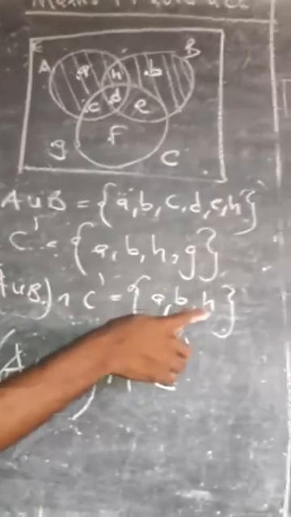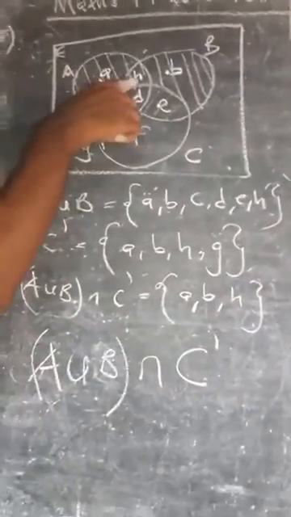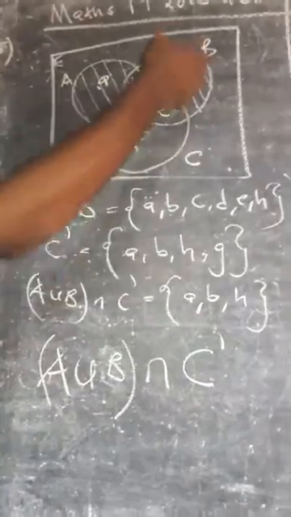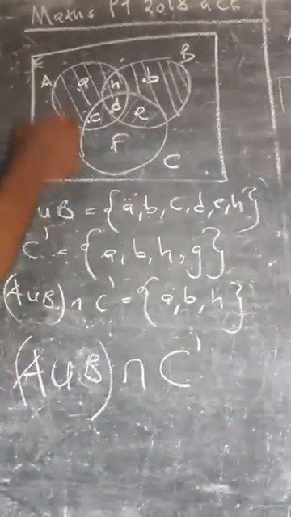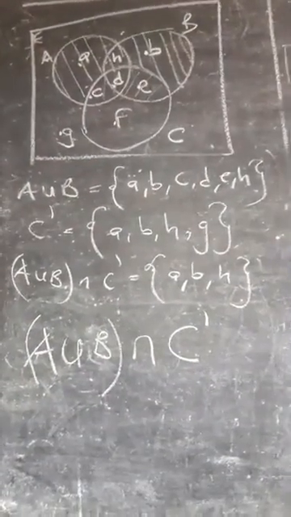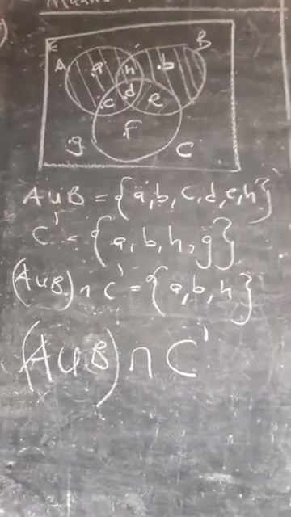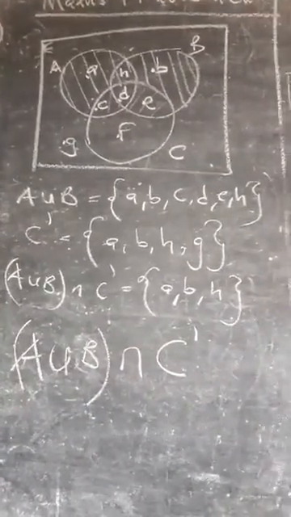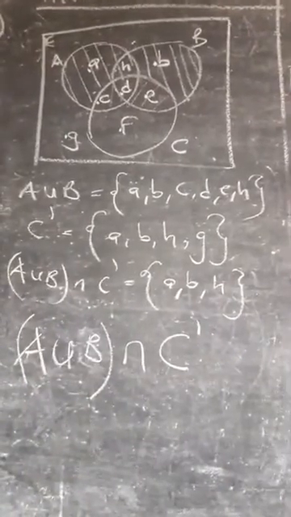That means you shade where there's A, where there's B, and where there's this H. That means A, H, B. This part here. So the answer for number 5 is A union B intersection C complement.